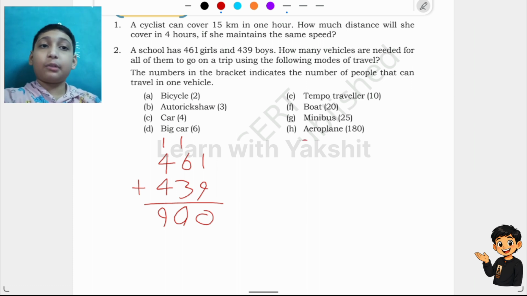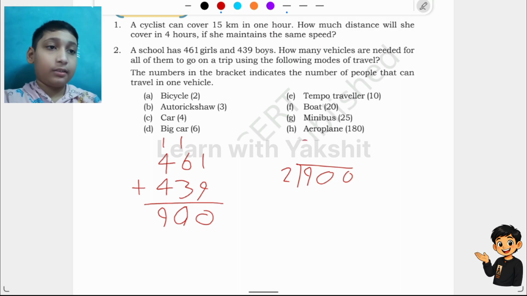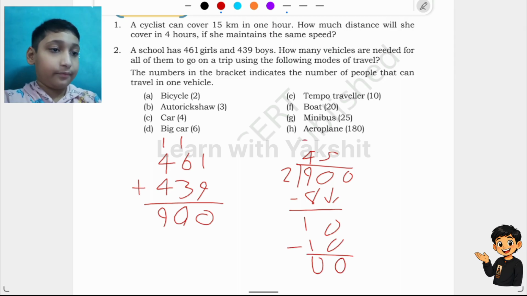Firstly, we'll do it with the bicycle. Then that's 900 divided by 2. 5 minus 10, 0. And then another 0 because there's a 0 there.